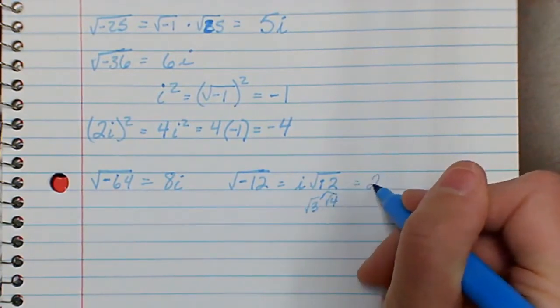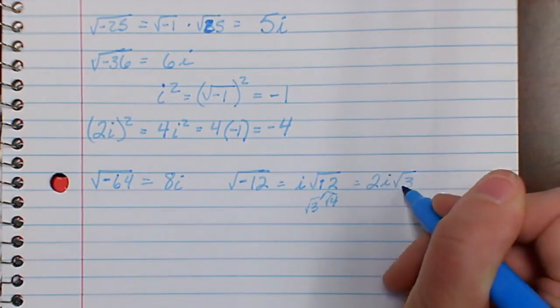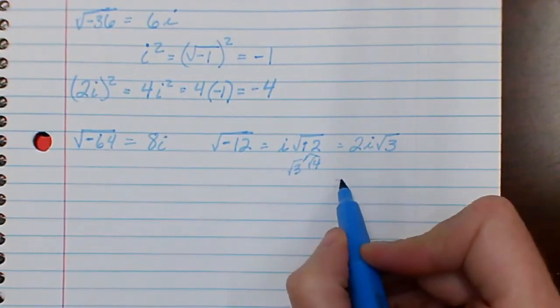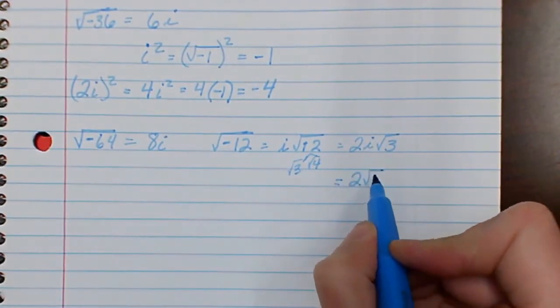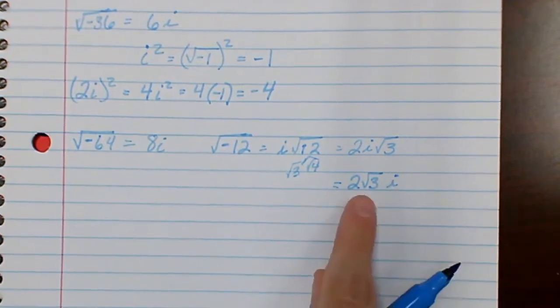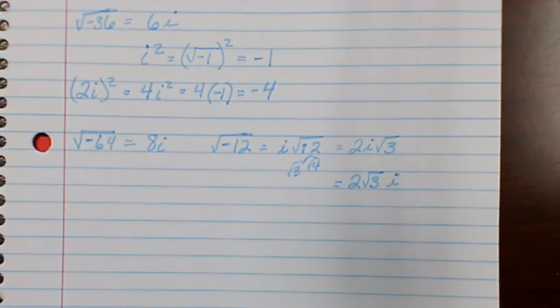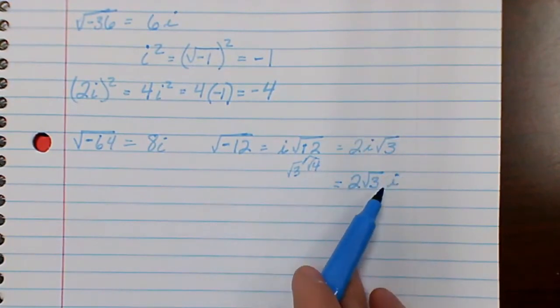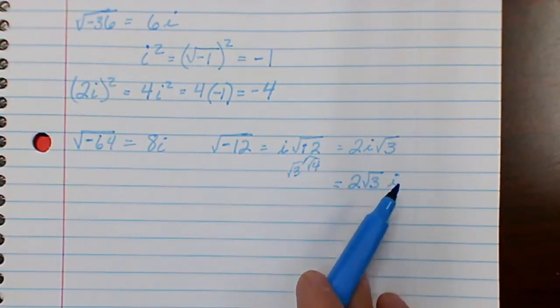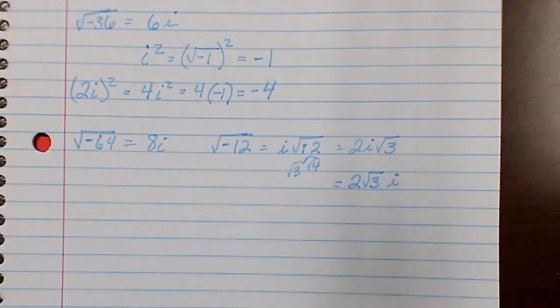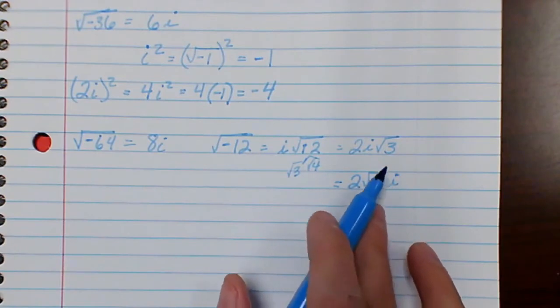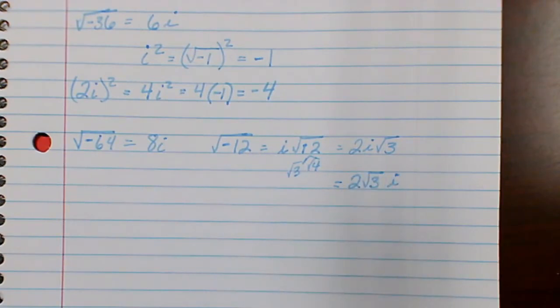Square root of 4 is 2, so we'll have 2i square root 3. Or some people write this as 2 square root 3i, since the 2 and the square root 3 go together. So again, this is my preferred method because I don't like to stick anything behind the radical, because sometimes when I write too fast, the value that is behind the radical may look like it is in the radical.